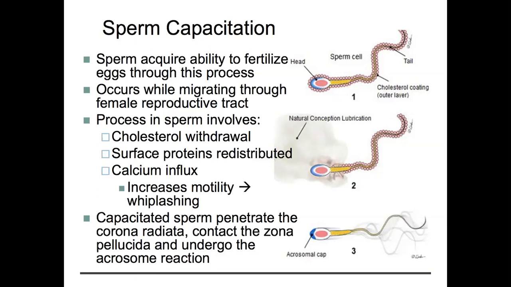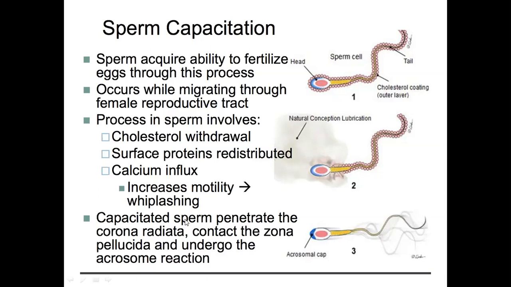This prostatic secretion again helps in the influx of calcium into the flagellated tail of the sperm, helping in the whip-lashing movement. This sperm motility is very, very important for its capacitation or its entry into the female ovum.